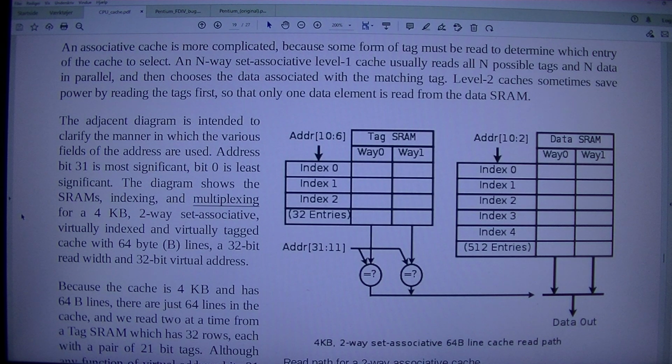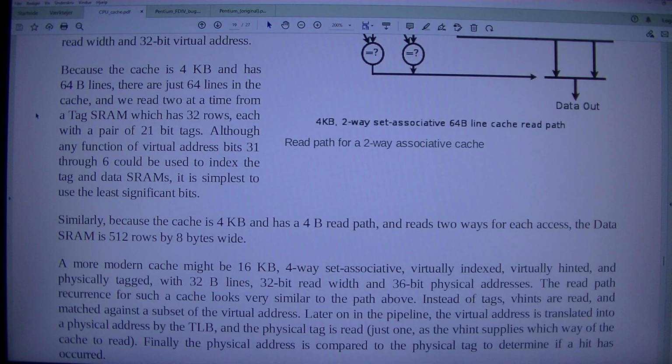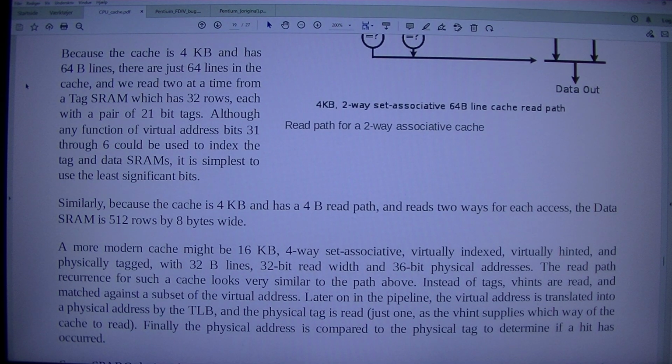Because the cache is 4 kilobytes and has 64-byte lines, there are just 64 lines in the cache, and we read 2 at a time from a tag SRAM which has 32 rows, each with a pair of 21-bit tags. Any hash function of virtual address bits 31 through 6 could be used to index the tag and data SRAMs.